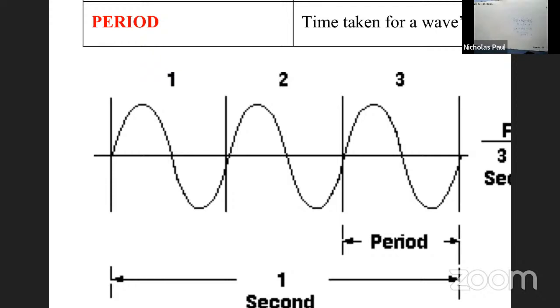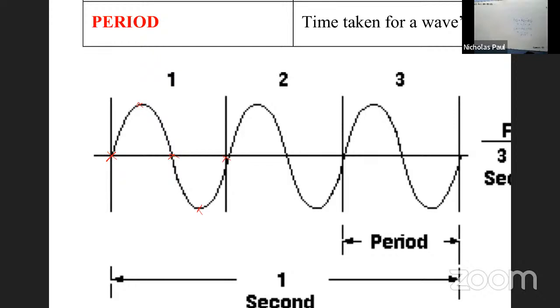If you look here, a cycle in this case starts at 0 displacement, goes up to the amplitude, then comes back down to 0, back to negative amplitude, back to 0. That's one entire cycle, right? So it starts here, goes up, comes back here, goes up, comes back down here. That's one cycle. The time for one of those cycles is what we call the period. Everybody have that definition? Period is time for one cycle.